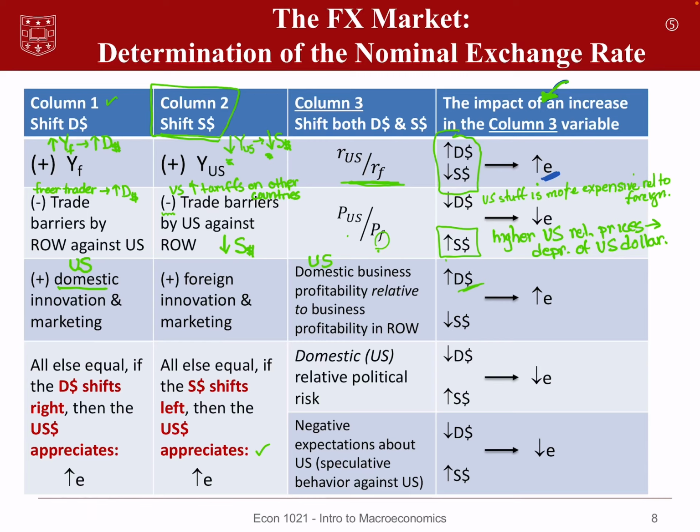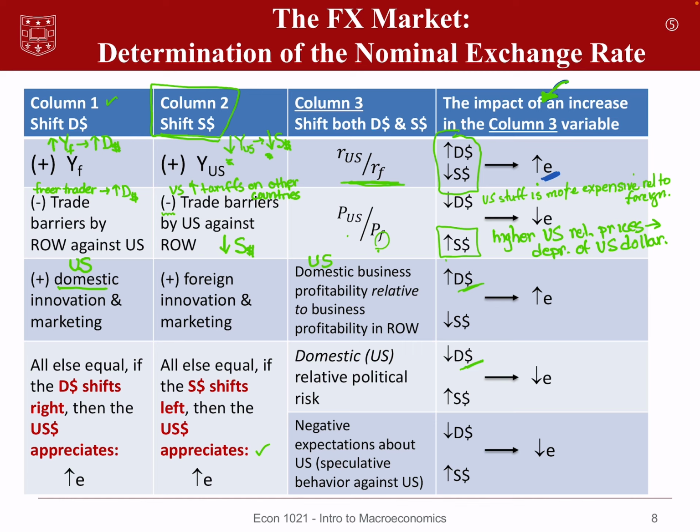If the U.S. is viewed as being more risky from an institutional point of view, then there's going to be less demand for the assets associated with the U.S. And so we would expect a decline in the demand for dollars.